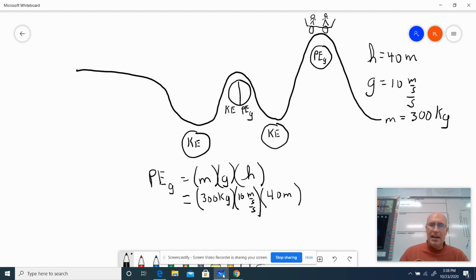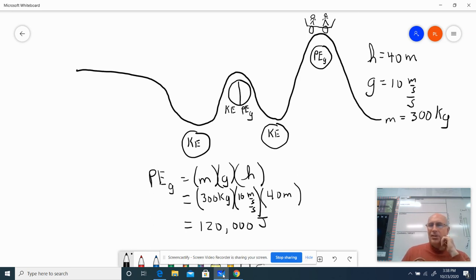I'm going to grab my calculator here and take 300 times 10 times 40, and that equals 120,000 joules of energy, if I did my math right.